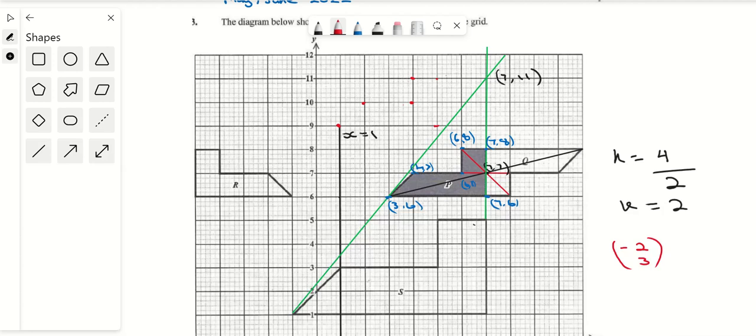Right, and then you already know how the shape is supposed to look, so you're just going to connect the lines. We're going to connect this line and this line here.